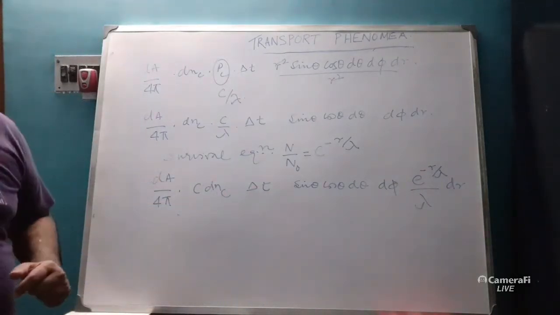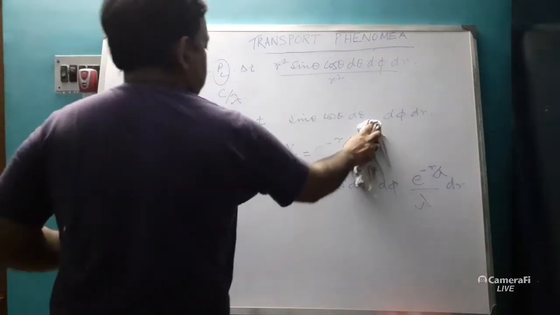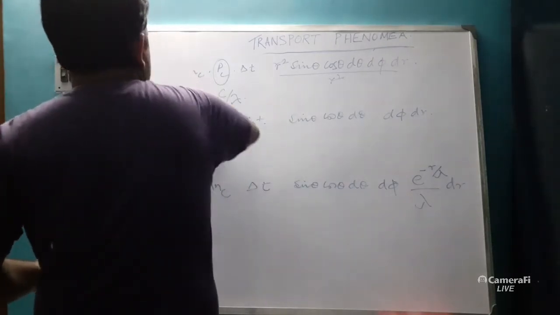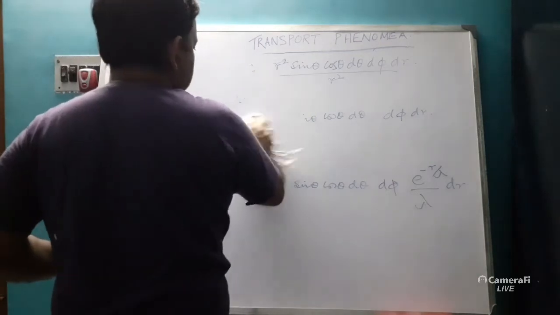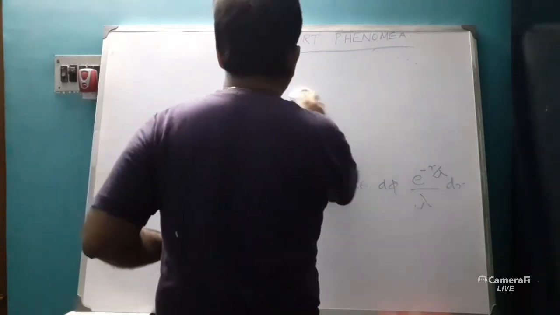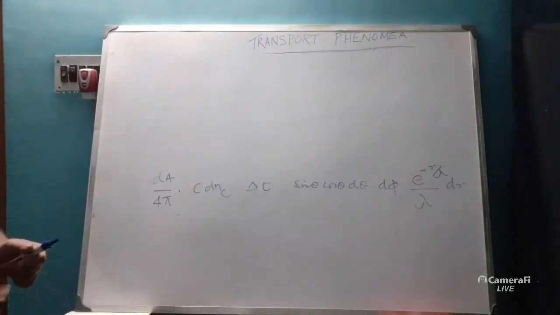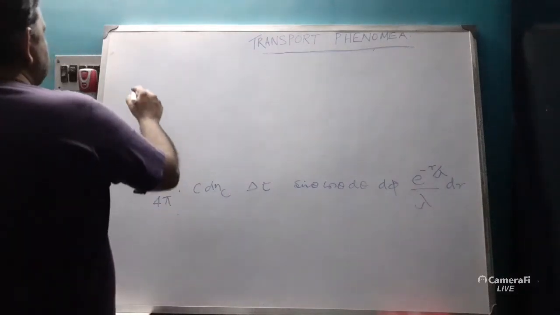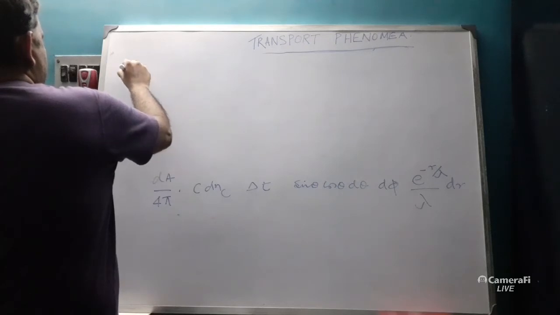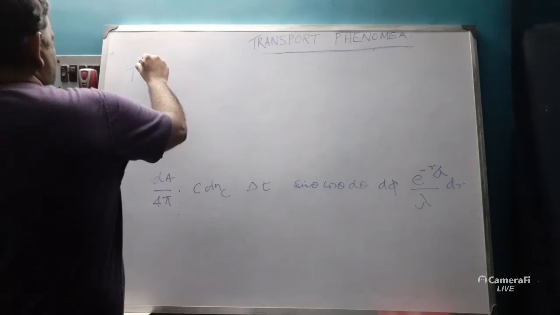And now we shall impose the main transport values on this equation to get the net transfer value that will be imposed on this system. So we'll write T at the top.